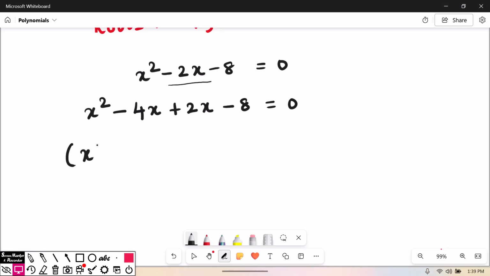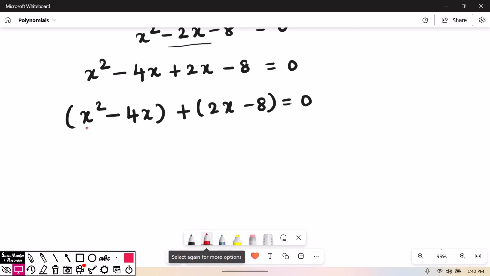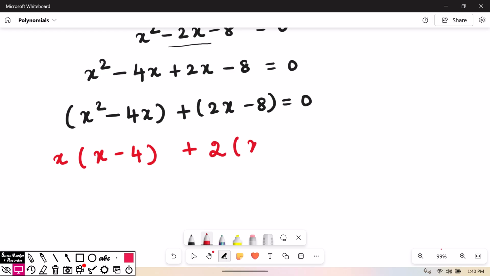To group them, I'll first group x square minus 4x, then I'll group 2x minus 8 equals 0. Now for the first binomial, check which is the common term. The common term is x, so the remaining term is x minus 4. In my second binomial, the common term is 2 and the remaining term is x minus 4, equals 0.